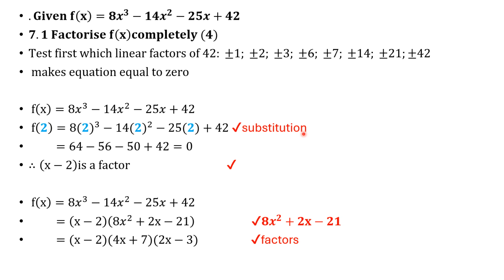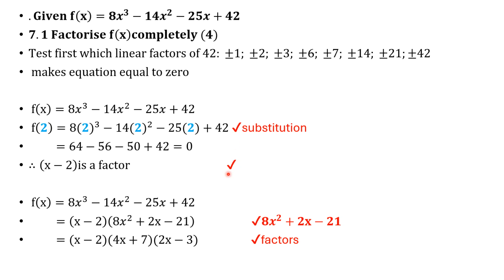One mark for substituting, second mark for getting 0. So 2 cubed is 8, times 8 is 64. 2 squared is 4, times negative 14 gives me negative 56. 2 times negative 25 gives me negative 50, and 42. So 64 minus 56 gives 8, minus 50 gives negative 42, plus 42 gives 0. That is 0, so therefore x − 2 is a factor.